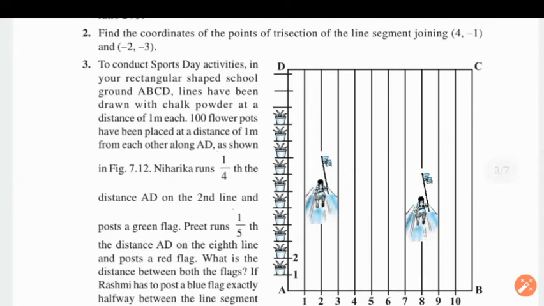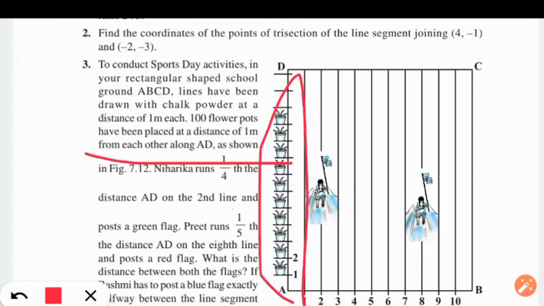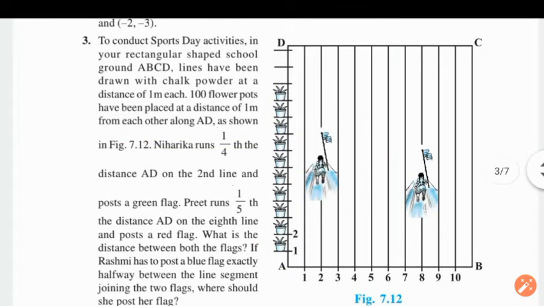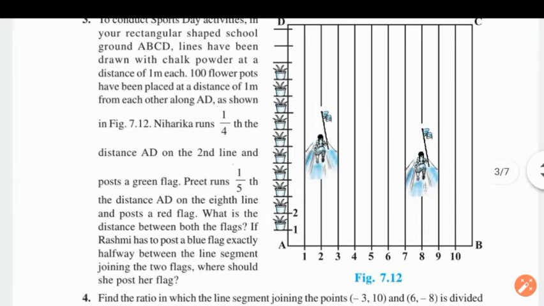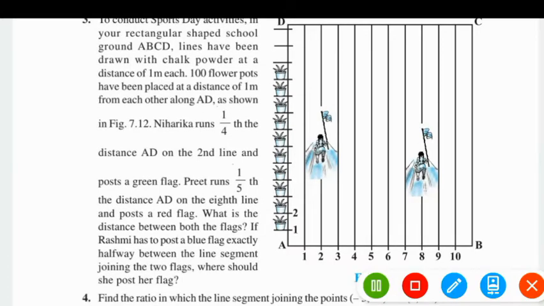100 flower pots have been placed at a distance of 1 meter from each other along AD, as shown in the figure. Now, Niharika runs 1/4 of the distance AD.